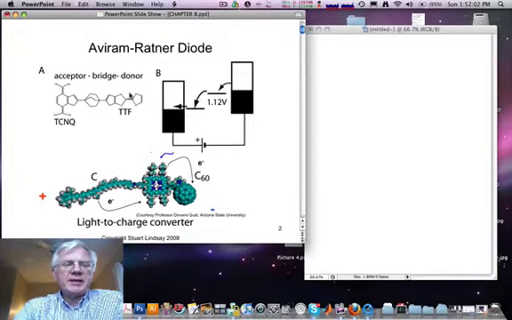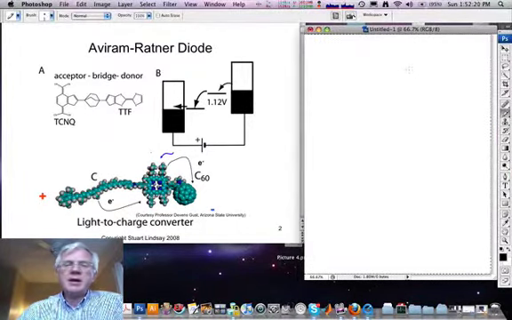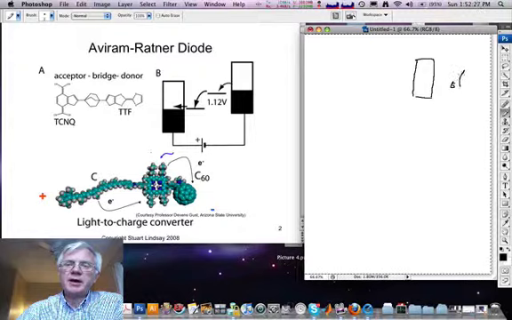This idea of single molecule devices comes from a classic paper by Aviram and Ratner, in which they proposed constructing a diode, a single molecule diode. So the idea here is to have one electrode, which I'm showing here, energies plotted this way.